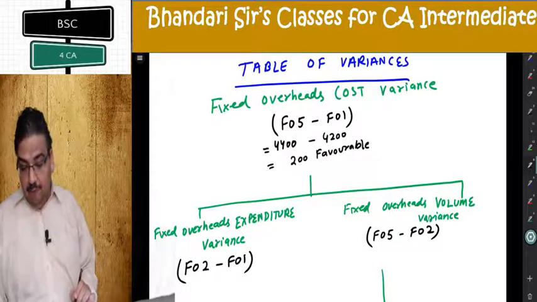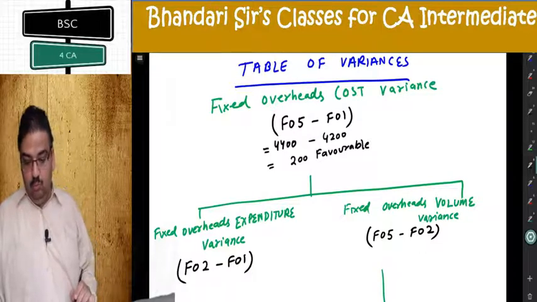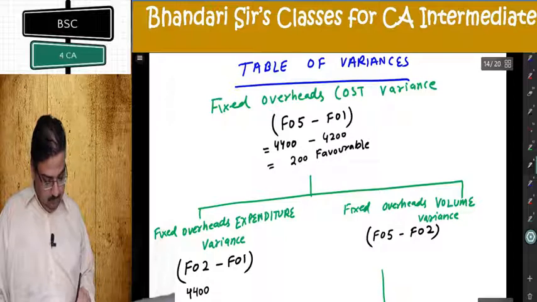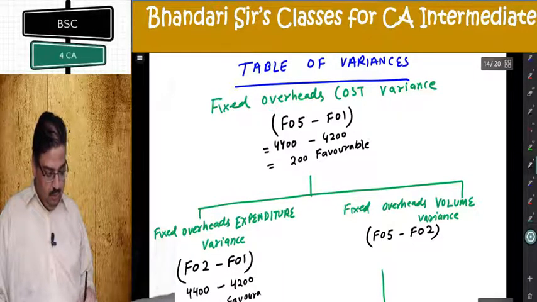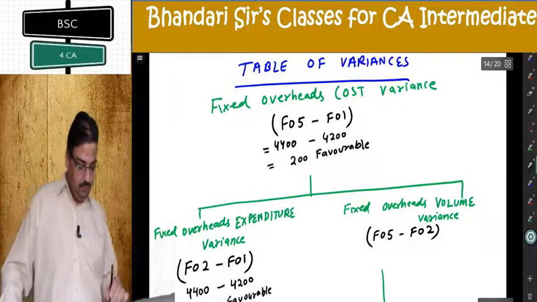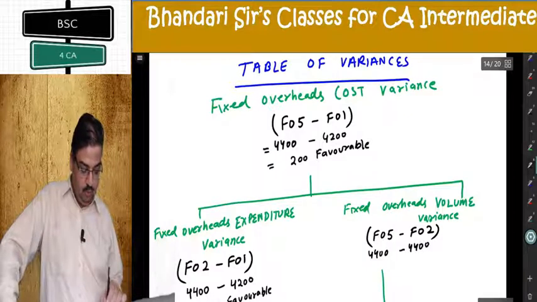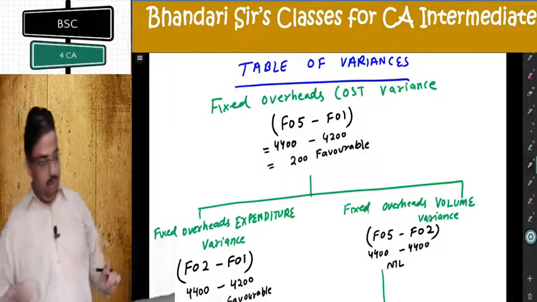FO2 minus FO1. FO2 we had 4400, FO1 4200, 200 favorable. FO5 4400 minus FO2 4400. So there is nil volume variance.